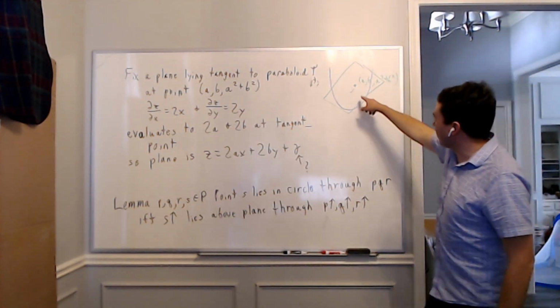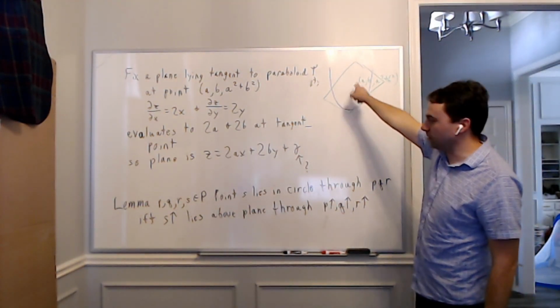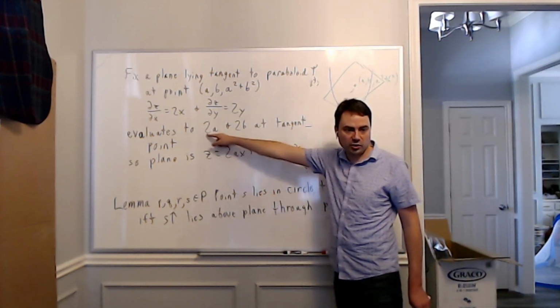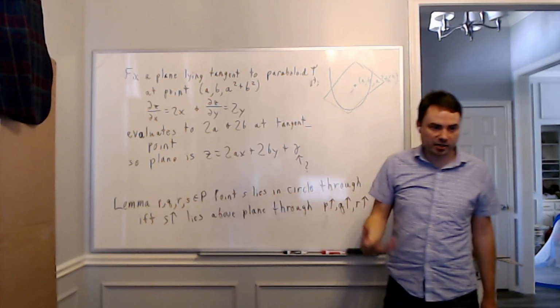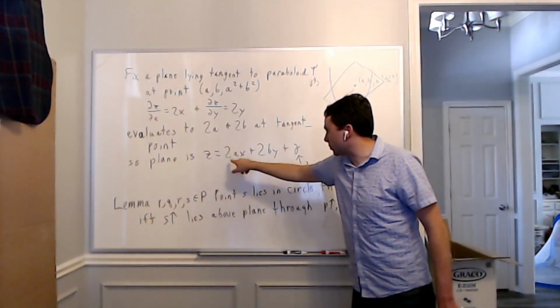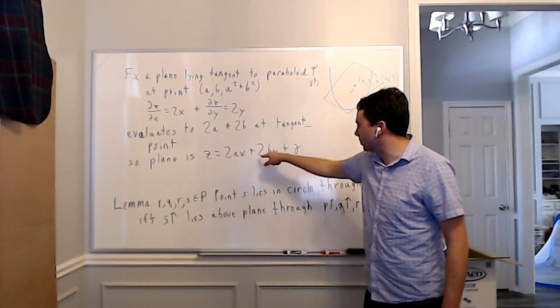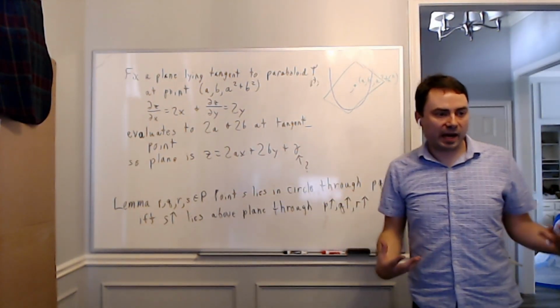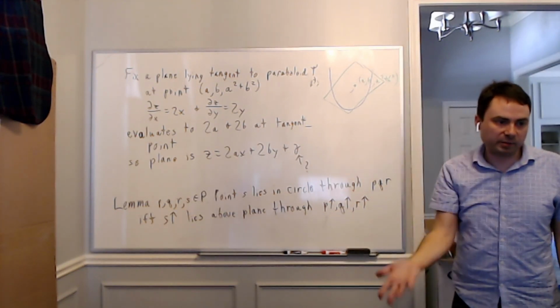The partial derivative at that point on the paraboloid, and therefore also on the plane itself, must evaluate to 2a in the x direction and 2b in the y direction. And so the equation for the plane is z equals 2ax plus 2by plus some value gamma. We don't know what that is, but it's going to lift the plane up or down.